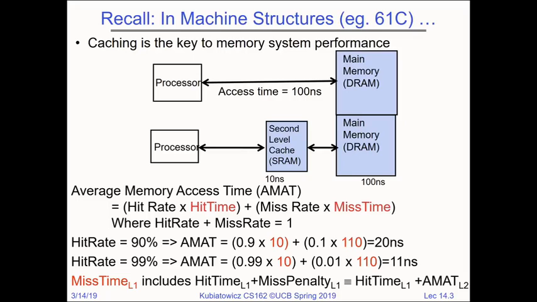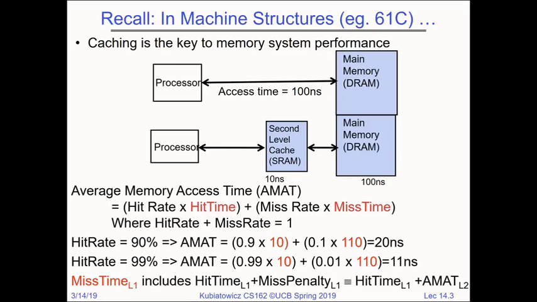Yeah, go ahead. Good question. Can you hit the cache and main memory at the same time and thereby get a little bit of improvement? Yes, and in fact, processors sometimes do that, especially when the second level cache is actually on the same chip as the processor, so you can issue things in parallel.